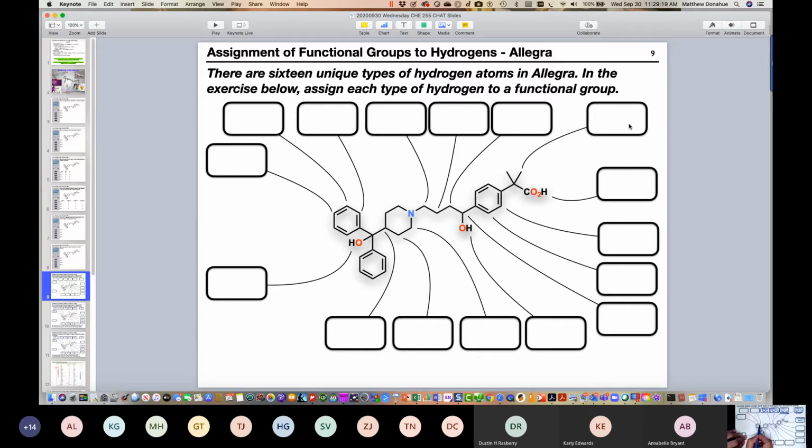Now what about this hydrogen here? What functional group would you call that? So Taka says alkene, Aiden says aromatic phenyl. Aromatic is probably the better functional group descriptor.